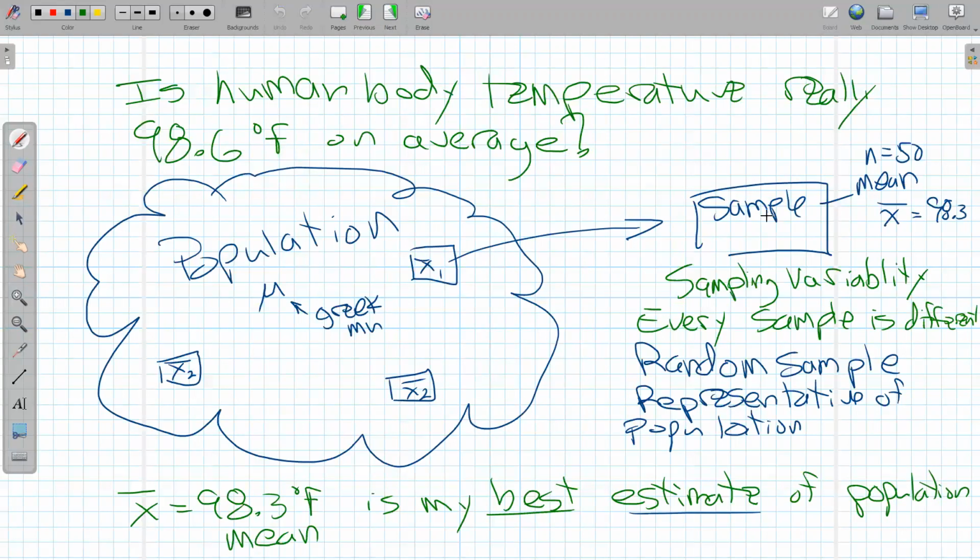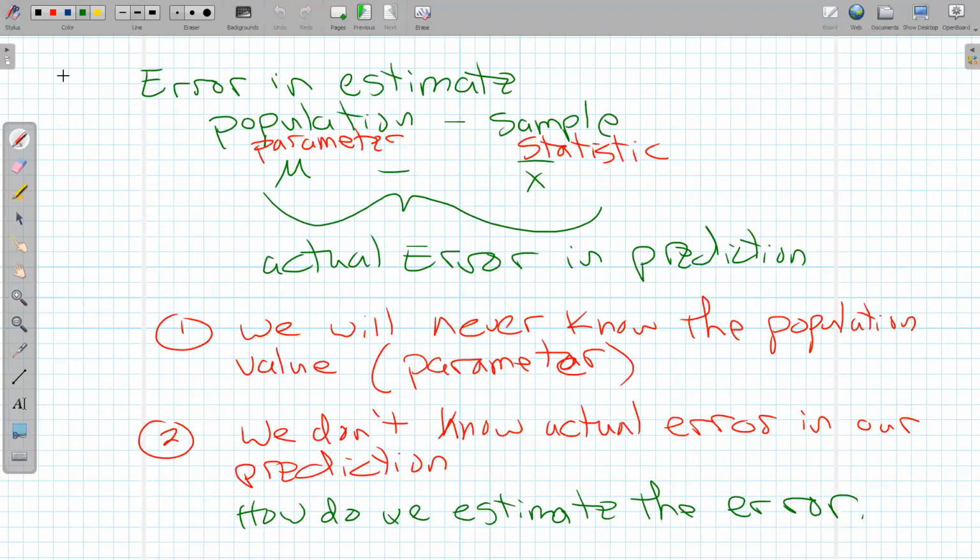So we have to rely on samples. Our sample data, if it's a good sample, we're going to assume is our best estimate for the population. So that's big idea number one. Since it's an estimate, that means we have some error, and we need to figure out how to estimate our error. So that's the other big idea here, how to estimate error in prediction.